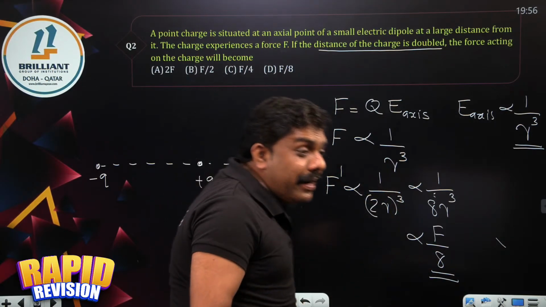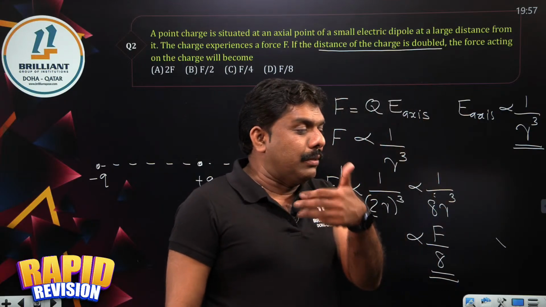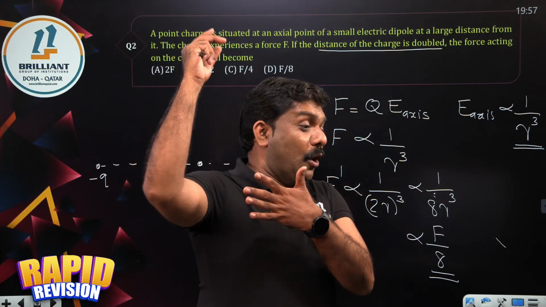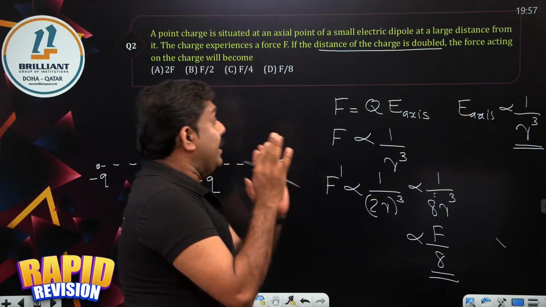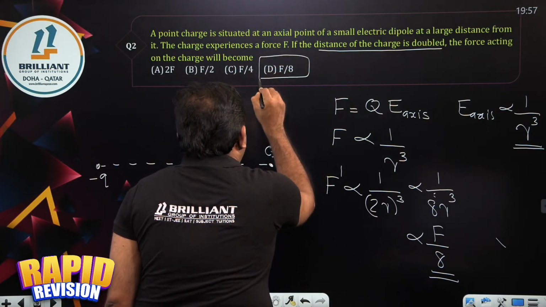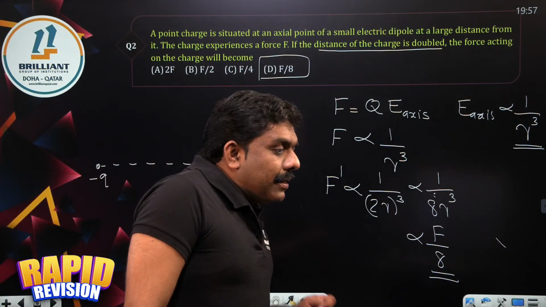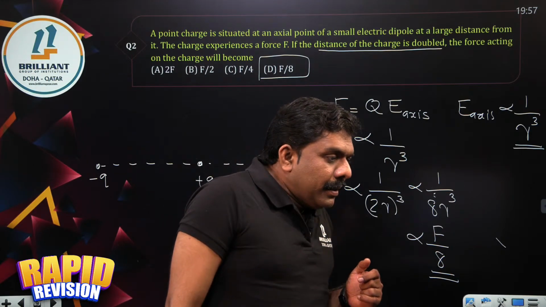Yes, right. Many students answered right. It's good. I'm not calling the students' names here, because a lot of students answered correctly, and the right option is F by 8. I think this question is clear for you.